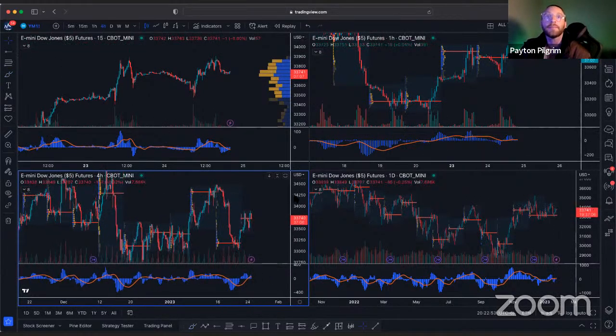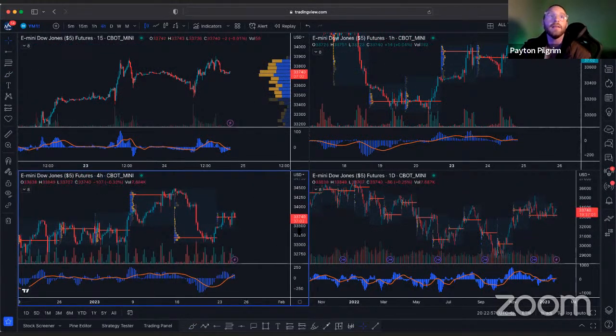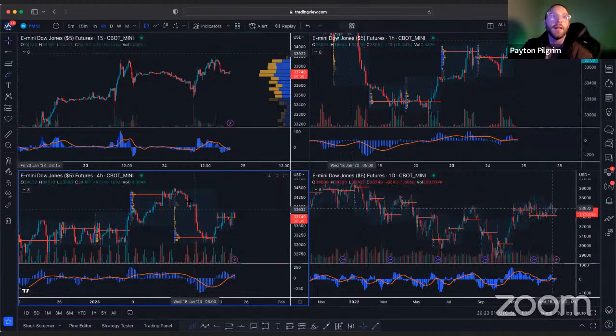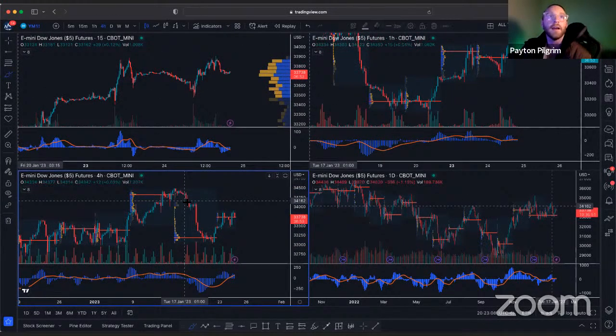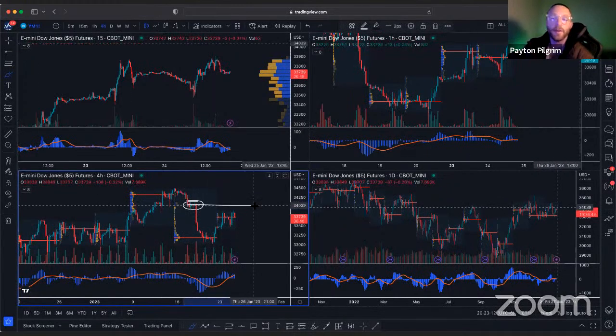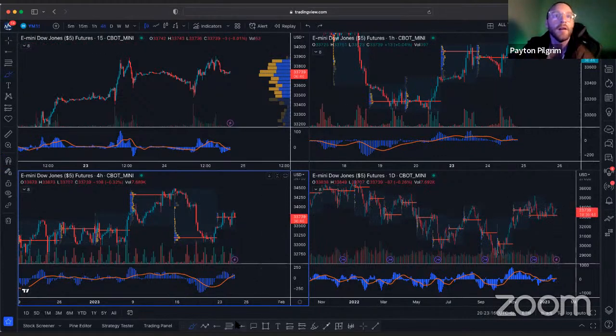What I would like to see to mess with the downside more, because this is a pattern that I like to look for: the rally base rally or drop base drop. This area is usually a good area that the market comes back into and trades off of the base of that.